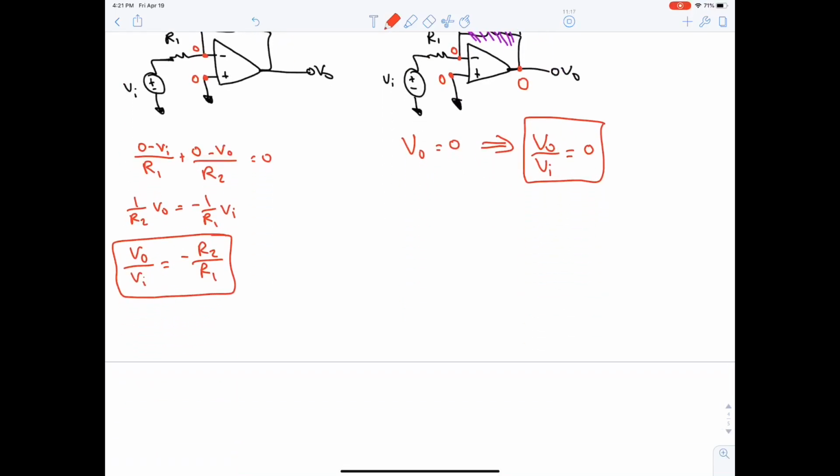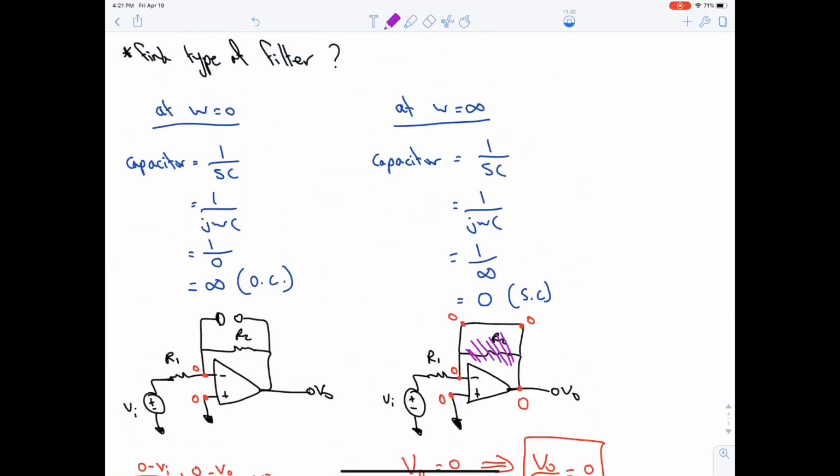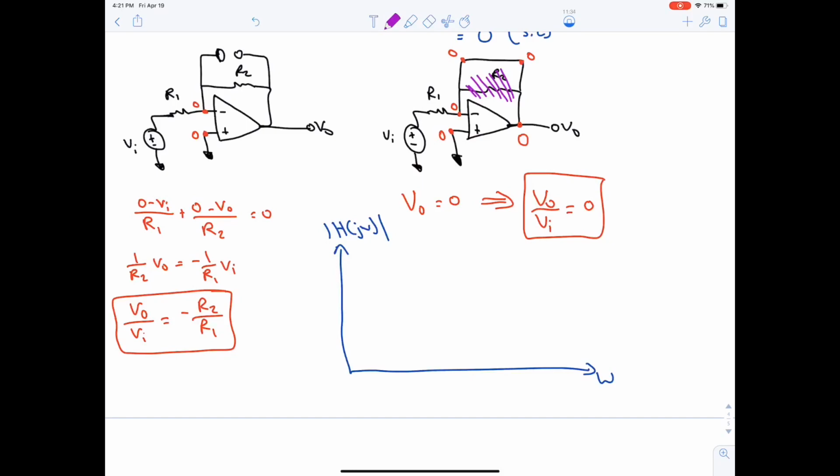Let's draw now the magnitude. When omega is equal to 0, what is the magnitude? It's minus R2 over R1. Actually, it's R2 over R1 because the magnitude has to be on the positive side.